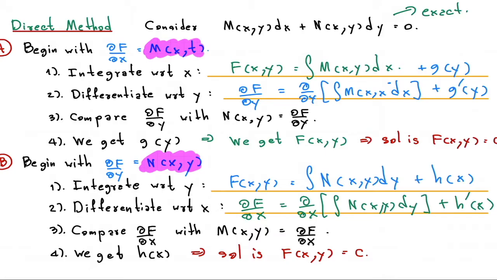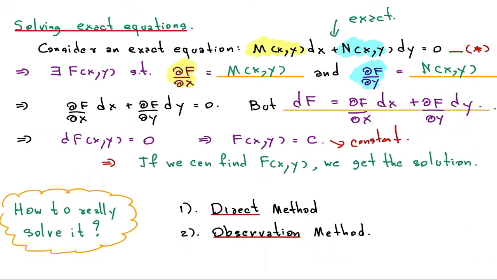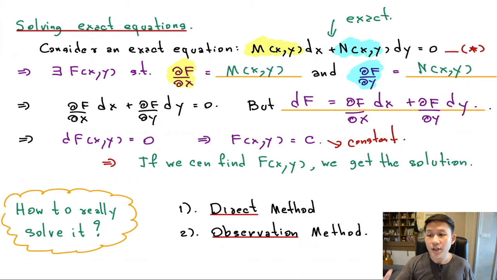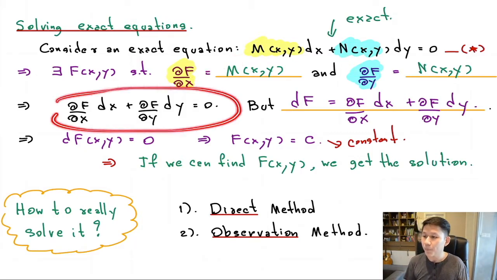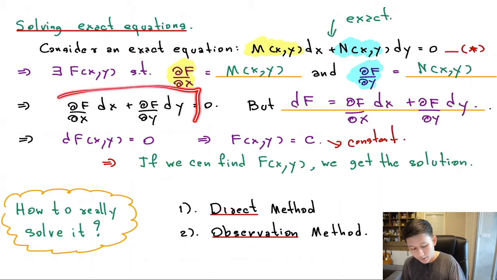Okay guys, before we go to exercises, let me sum it up. When the equation is an exact equation, we know that there exists a function f, so that df by dx is M and df by dy is N. And if we substitute M and N by df by dx and df by dy respectively, we have that this is 0, but this is actually df.